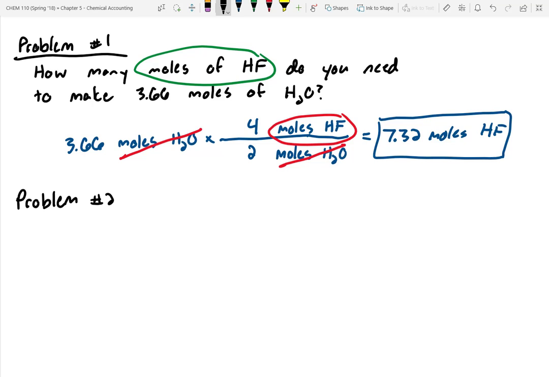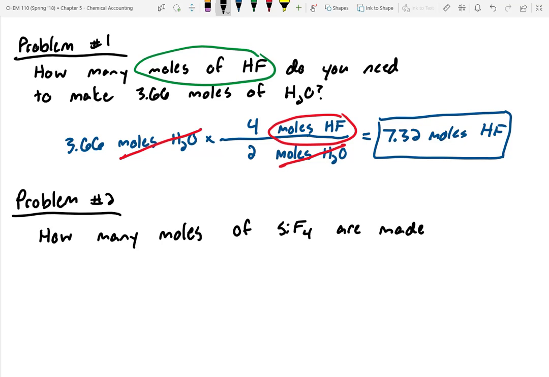That's fine. So let's do problem 2. Problem 2 is how many moles of silicon tetrafluoride are made when 7.89 moles of water are made.